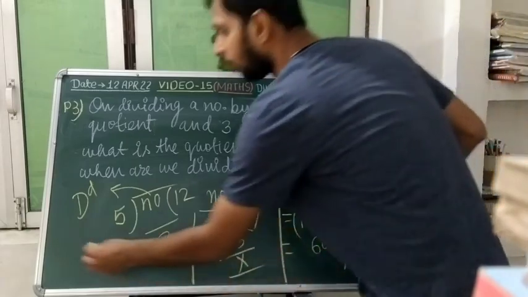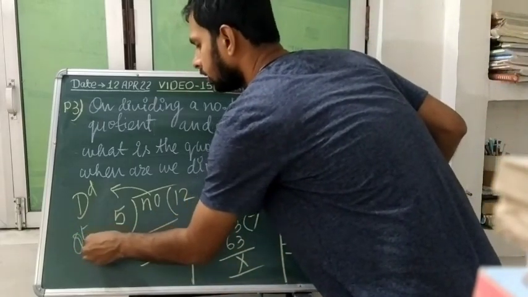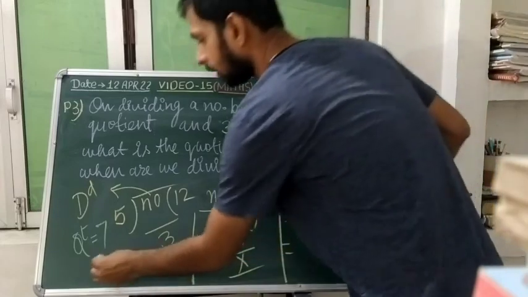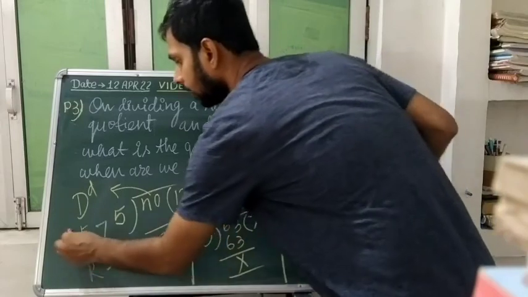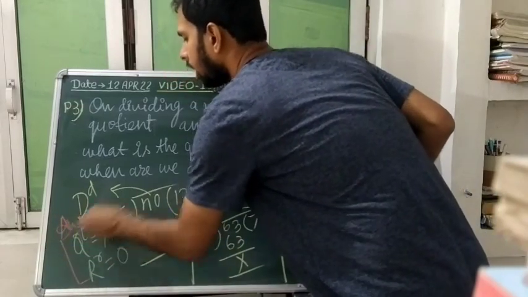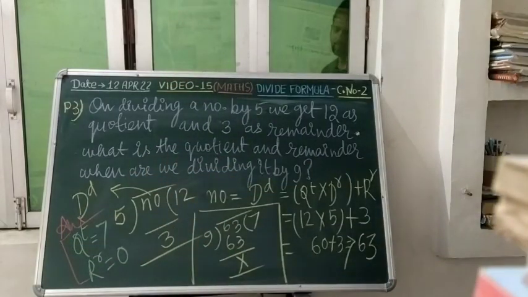Hence our quotient will be 7 and remainder will be 0 as our answer. Okay, correct.